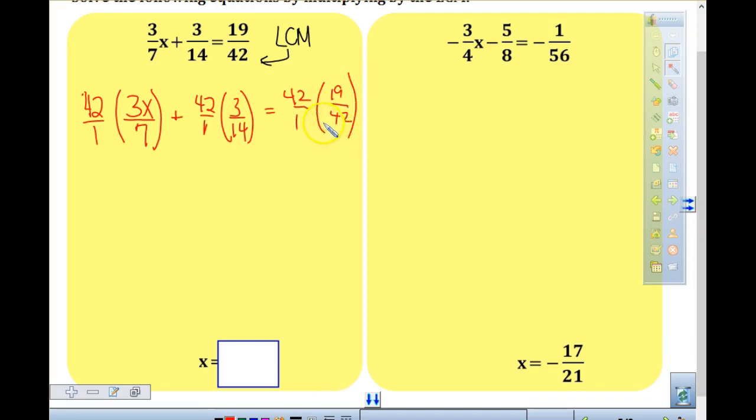Okay, so we're going to keep going, and we start simplifying, right? 6 over 1, which means I'm now going to have what when I multiply? 18x. Aaron, you ready to keep going? 14 goes into 42 how many times did we just show on our calculator?